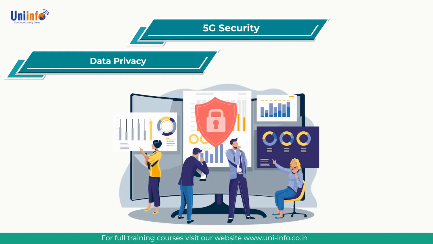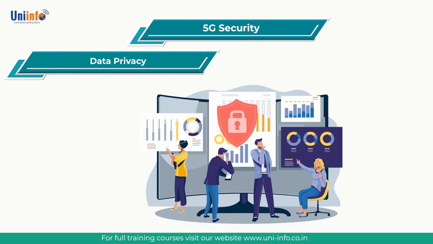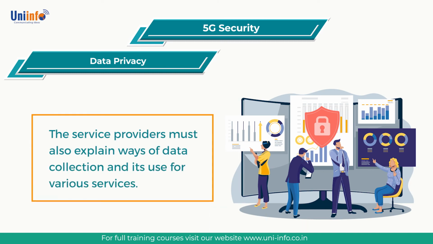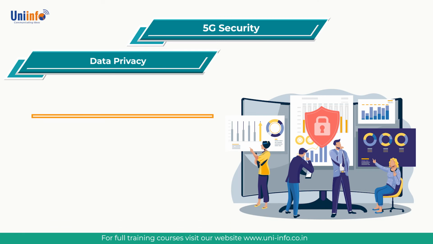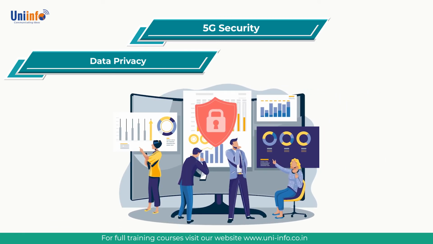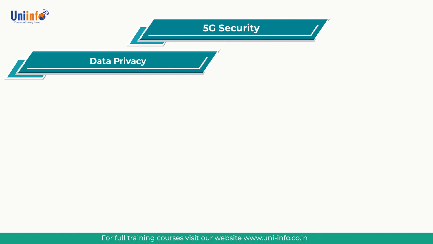It is important to formulate strong data protection mechanisms while discussing standardization and policy making for 5G technology. The service provider must also explain ways of data collection and its use for various services. There should be a balance between user privacy and data used by the service providers, so that companies can build novel and useful applications for the user, and at the same time, user privacy is not affected.